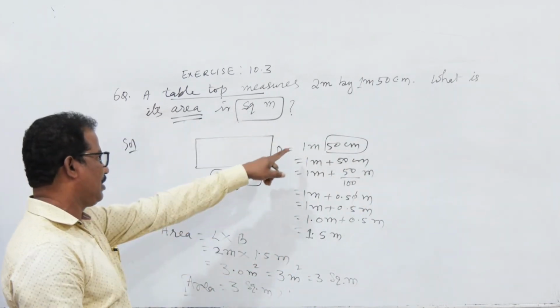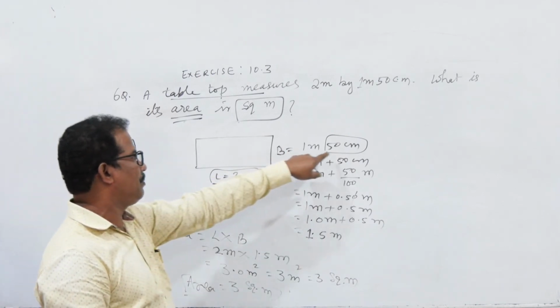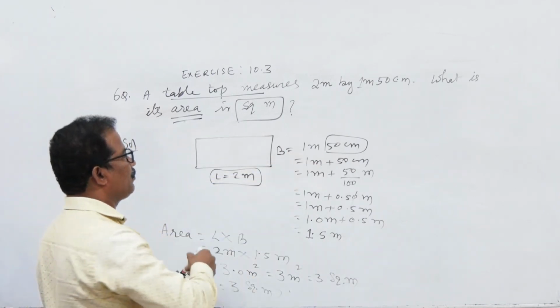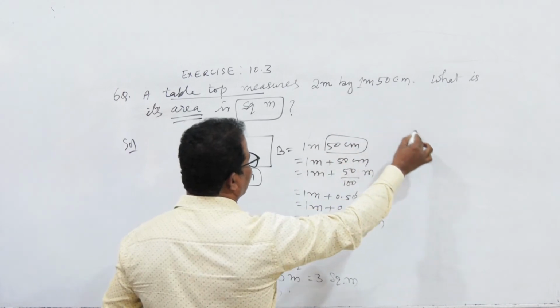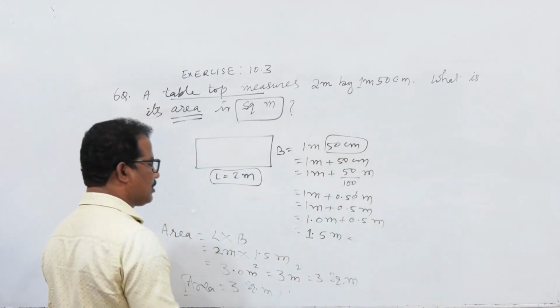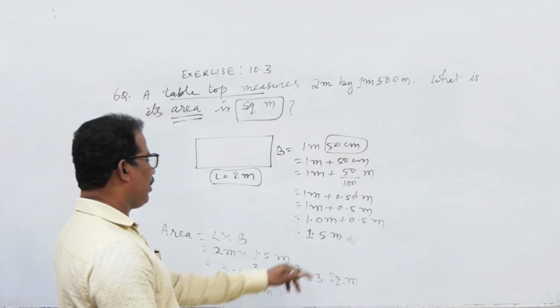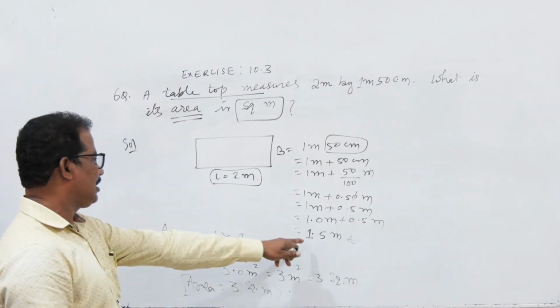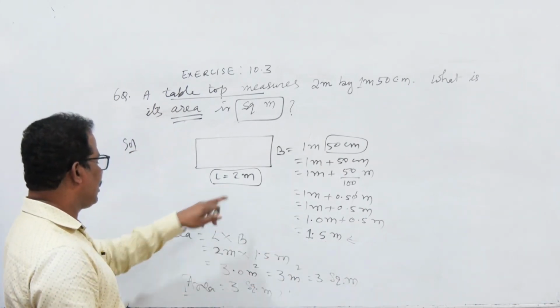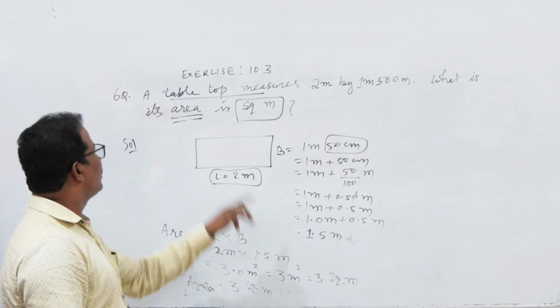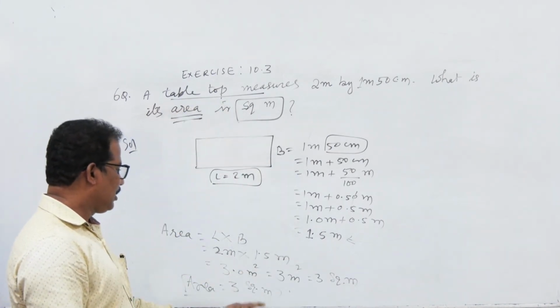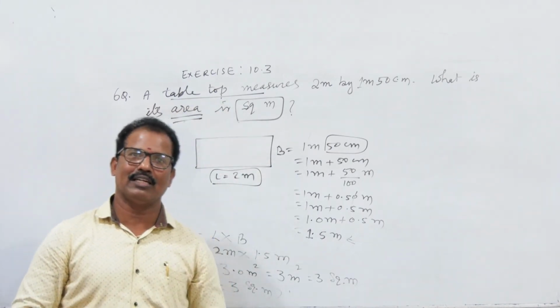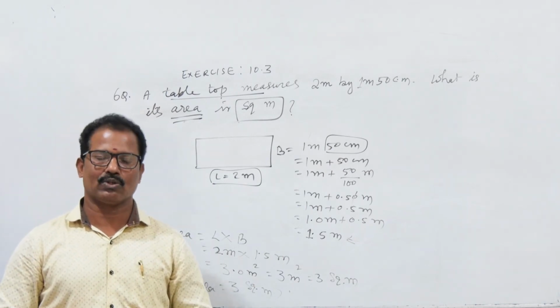In the units given, the length is in meters, but the breadth is in meters and centimeters. First we converted this meter and centimeter completely into meters like this. We got the breadth as 1.5 meters, and using this 1.5 meter breadth and this length of 2 meters, we got the area of this tabletop as 3 square meters. So now the answer is completely in square meters only.